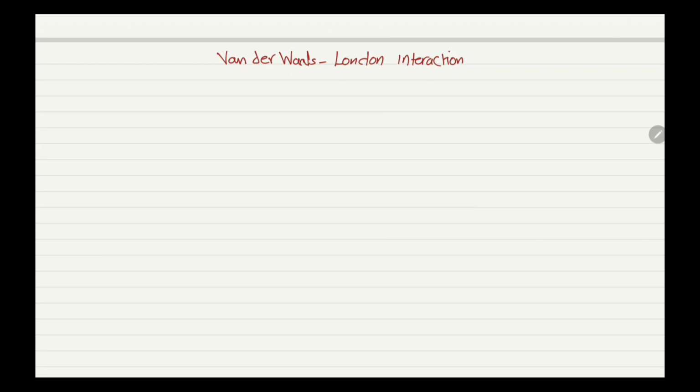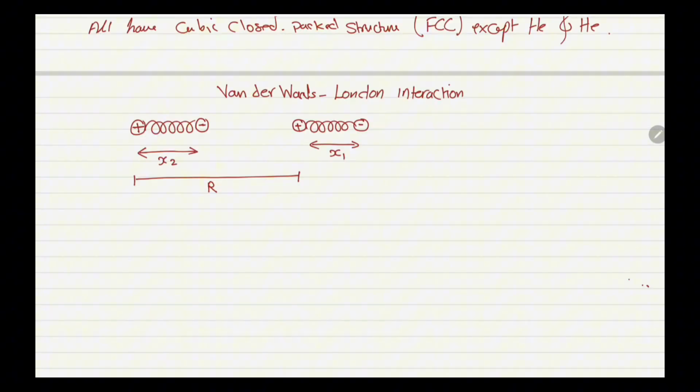In other words, two identical linear harmonic oscillators 1 and 2 separated by distance R. Each oscillator has a charge plus or minus e with separations x1 and x2, and R is much greater than x1 and x2. The particles oscillate along the x-axis.